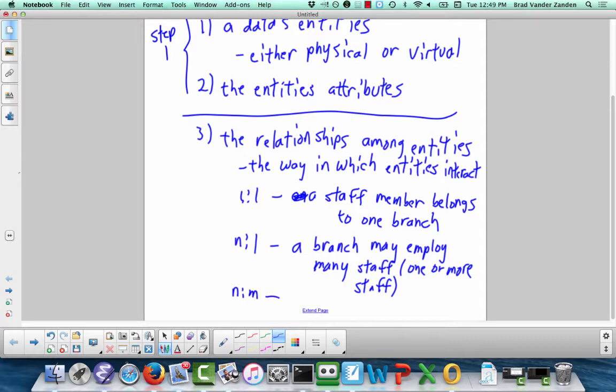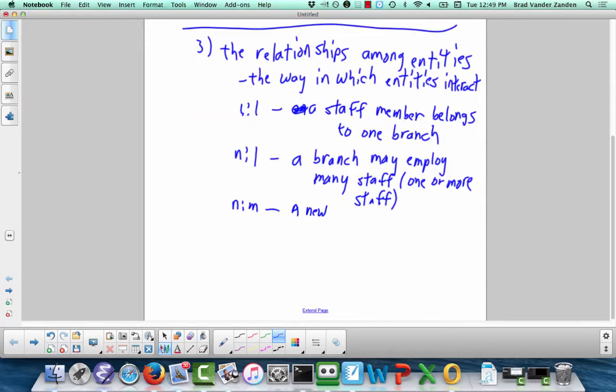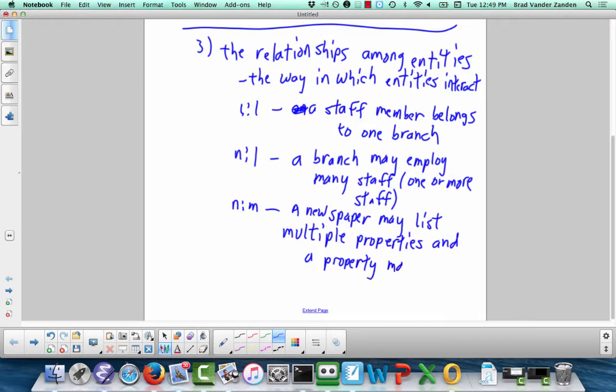That could be something like, let's see, a newspaper may list multiple properties for us, and a property may be listed in multiple newspapers.